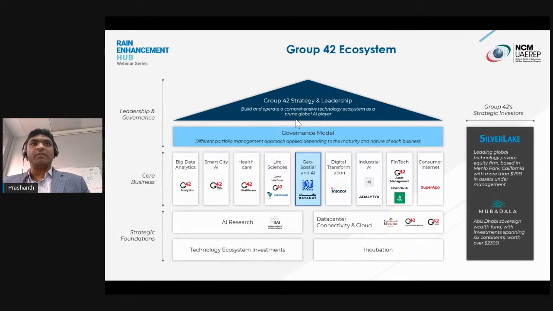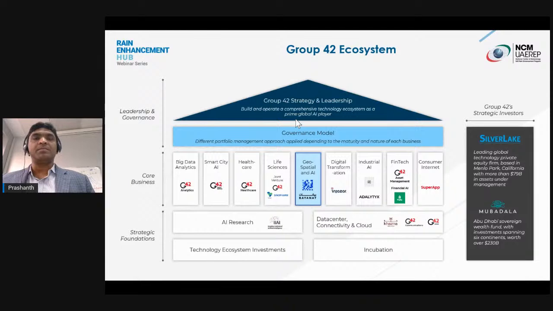G42 operates over a variety of sectors, including analytics, healthcare, digital transformation, a joint venture with ADNOC to support their operations, financial AI and asset management, and applications development. But at the core of it is all related to AI development and cloud computing.